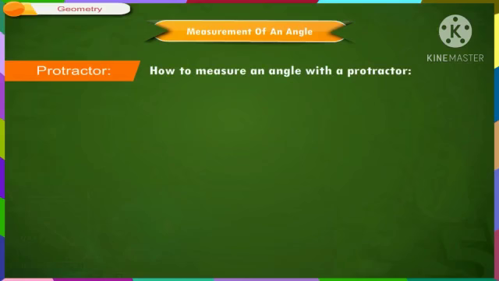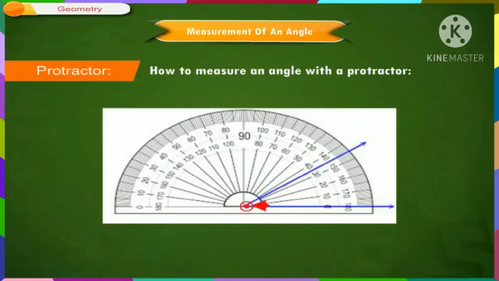How to measure an angle with a protractor? Place the central point of the protractor on the vertex of the angle. Line up one side of the angle with the baseline of the protractor. Where you see the number 0, read the degrees where the other side crosses the number scale.